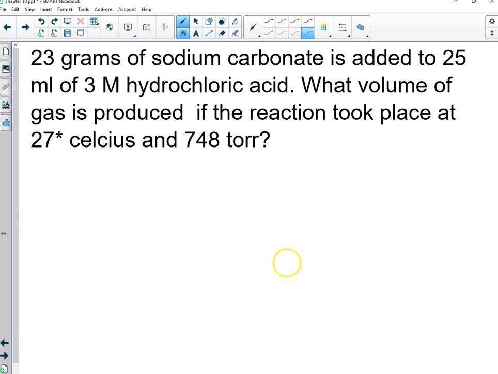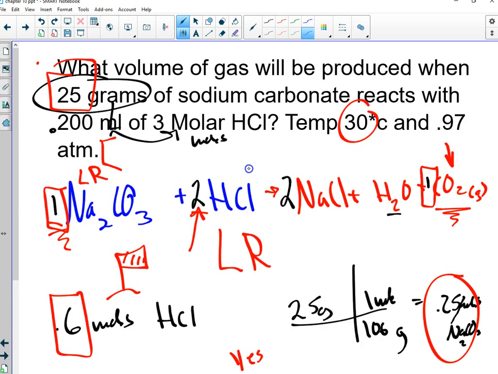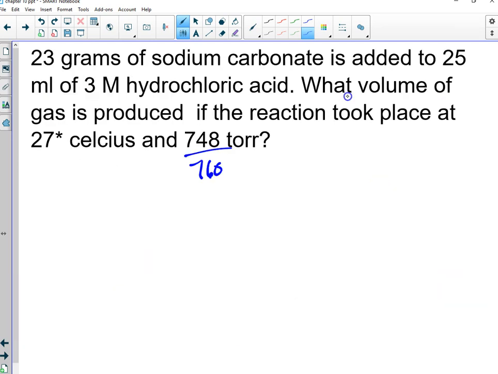You would have to convert this to ATM by dividing by 760. Okay, that's not bad. So coming back here, if this was a 2, then you would just double that number or half it or whatever you need to. It's just basic math on that. You don't have to do this problem. I'll leave it up there.